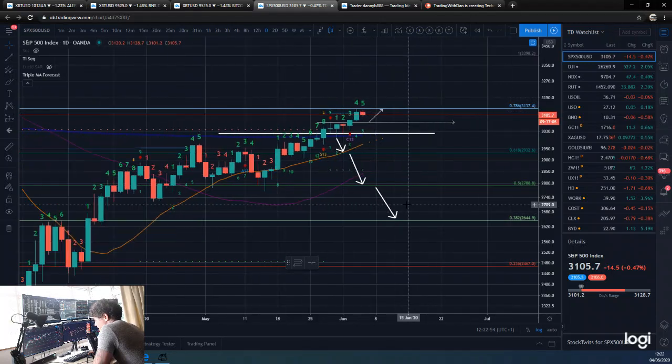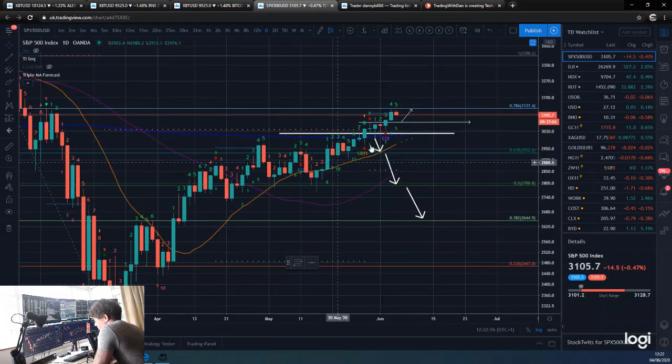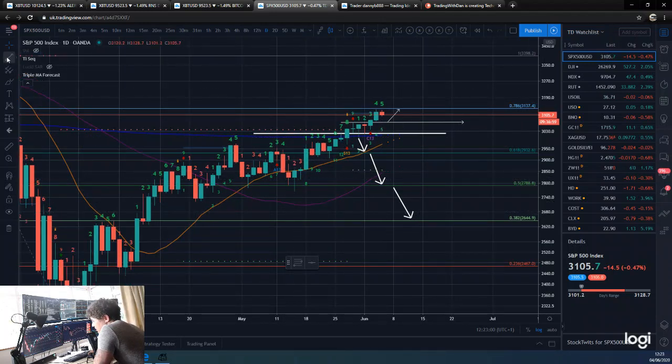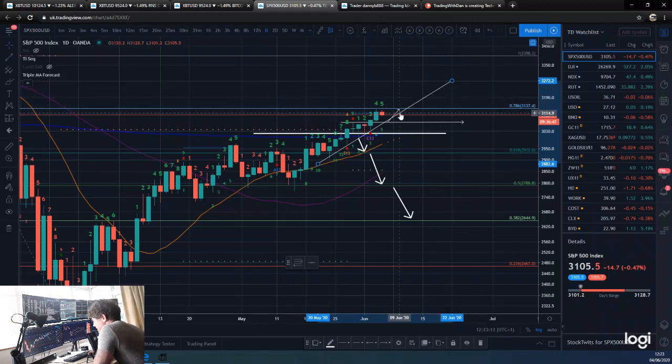So when we do break below, say, this rising trend line, and we will draw it on actually, this is on a daily, when we break below this level, I would then look for a larger than normal move down. I know we're not really getting many moves down at the moment, but a larger than the average move down that we're getting now.